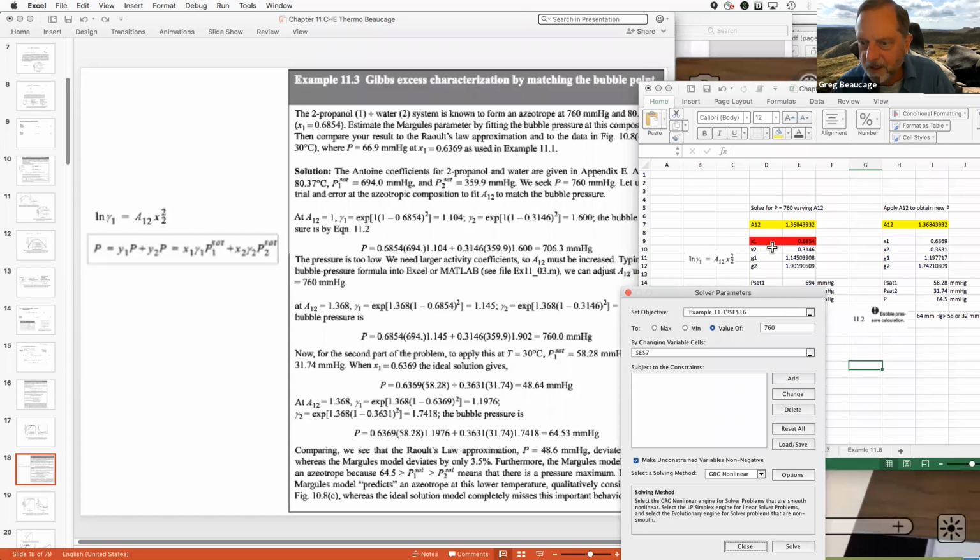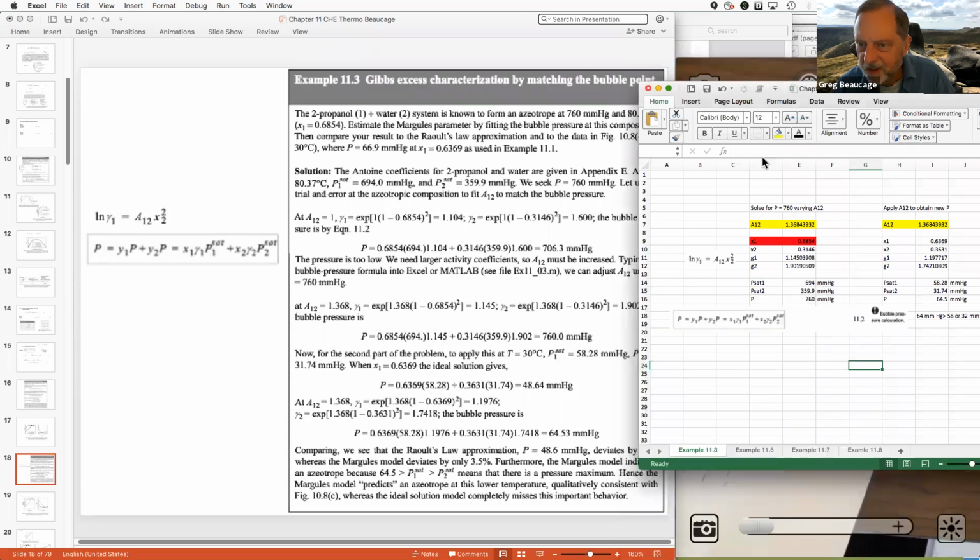So the pressure is going to be the sum of the P sat times the gamma times the x that you have feeding in, these x's here.